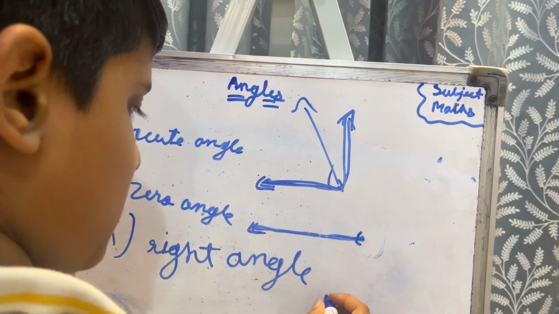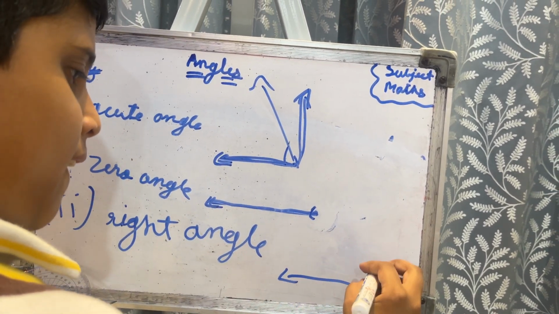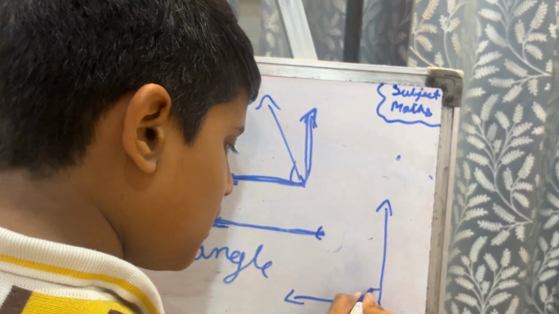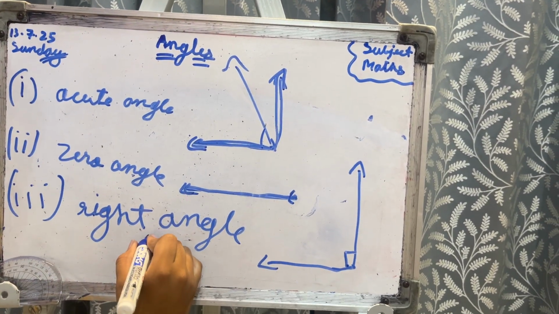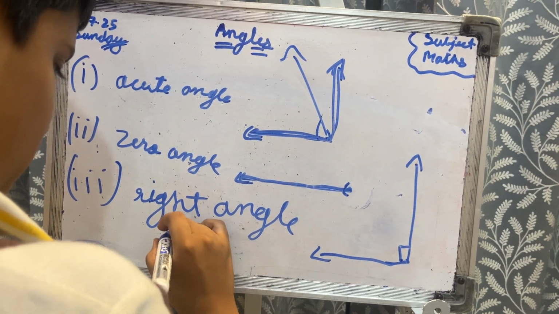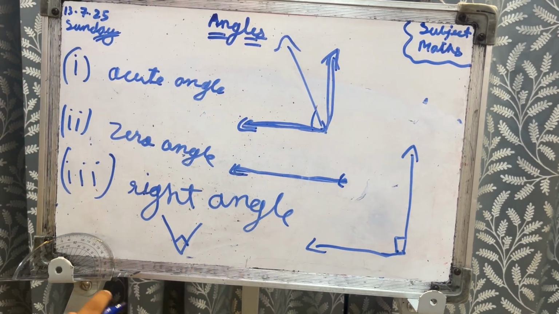I will explain again, okay? One ray and an exact ray again at the top, making a perfect square. And right angles are like this too. It's not an acute angle, it's only a right angle.